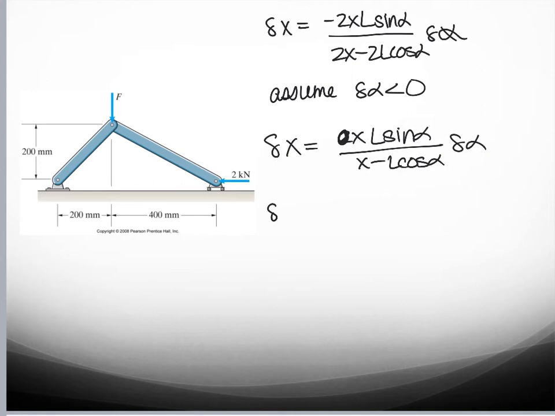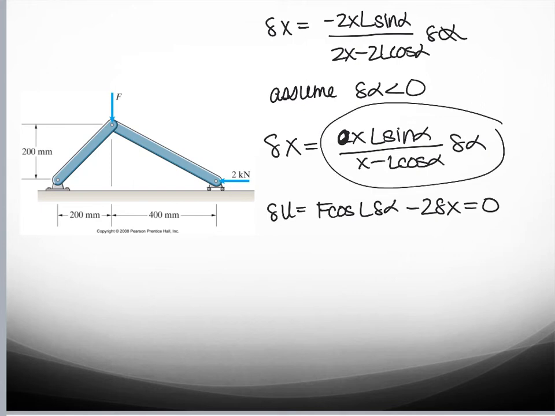And remember, we had our delta U equal to F cosine alpha L delta alpha minus 2 delta x equals 0. That was my work. I'm going to take all this and substitute it in there, because that allows us to simplify. And when we do that substitution, we are able to solve for F, and we get 2 over L cosine of alpha times delta x over delta alpha.